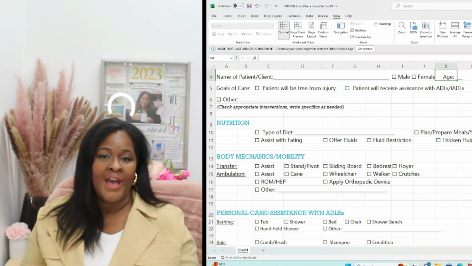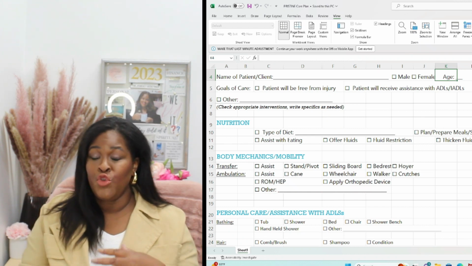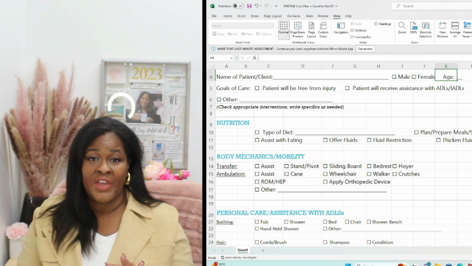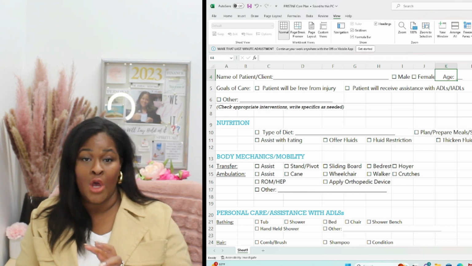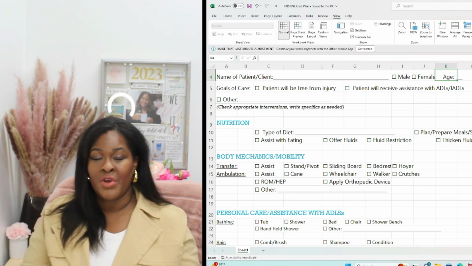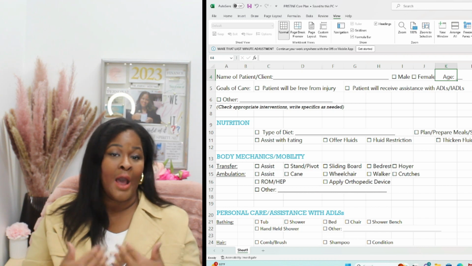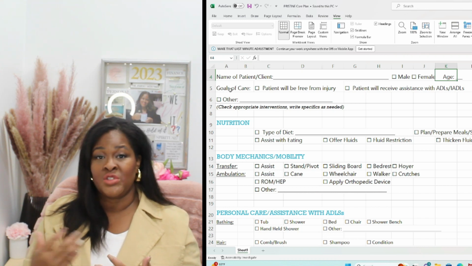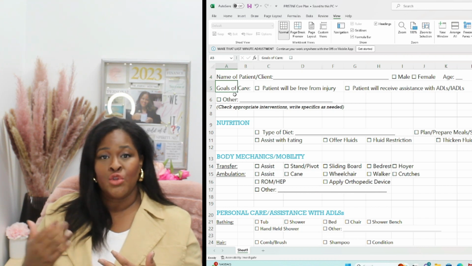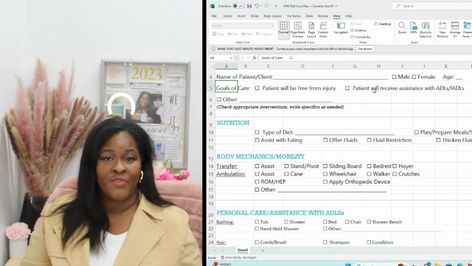Then you may want to have a goal of care. Now you may have come up with that goal of care at the time that they started service with you, or it could be something like what I used to tell my caregivers: you should really try to have a goal for that day of care.